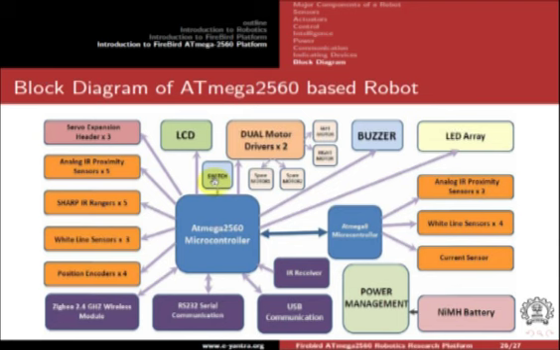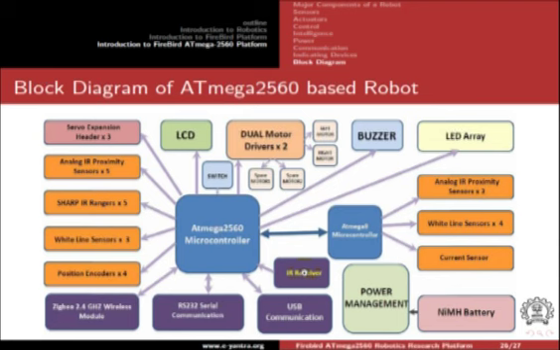As I have discussed in an earlier slide, you can connect up to 4 DC motors, for which 2 motor drivers are already interfaced on the platform. Buzzer and bar LED are also connected to the microcontroller. For communication, as we have discussed earlier, Zigbee, RS-232, USB communication and TSOP are also present.